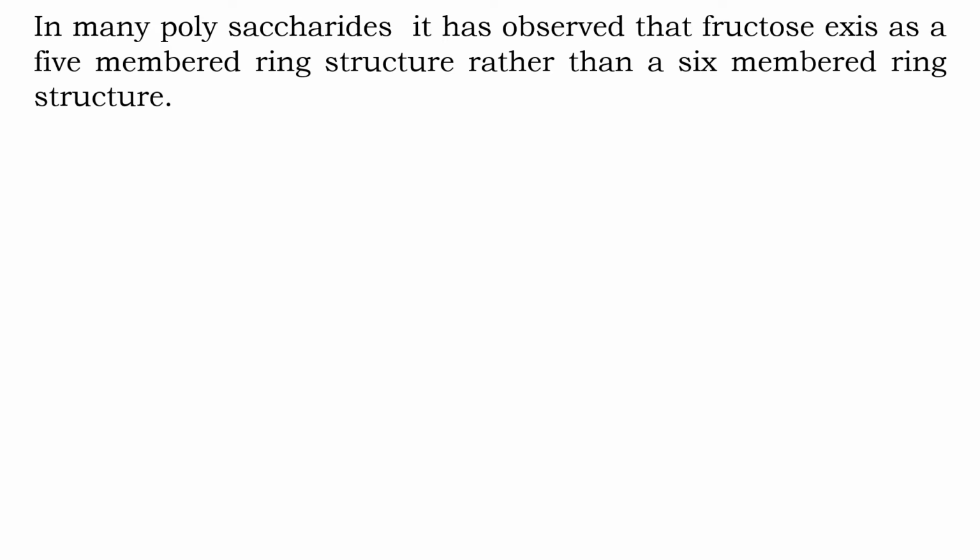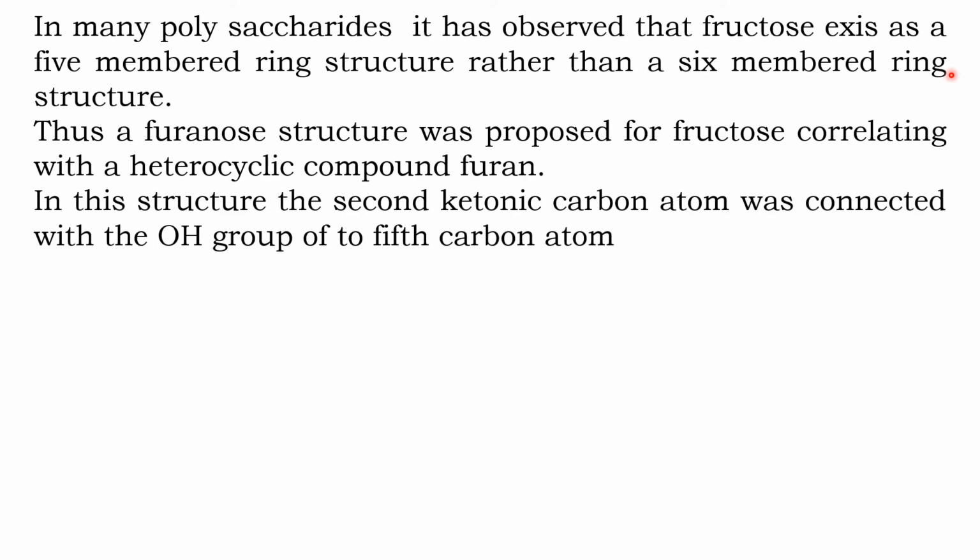So we have seen the cyclic structure of fructose and the fructopyranose structure, which is a six-membered ring. But it has been observed that in many polysaccharides, fructose exists as a five-membered ring rather than a six-membered ring.